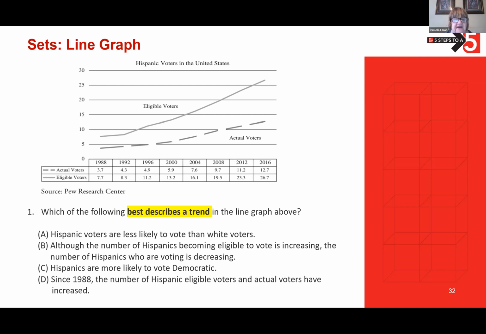I have always told my students, look on a line graph for a line that is increasing, a line that is decreasing, or a line that is remaining stable. That's generally going to be your trend. It's not any one data point. It's what is happening over time.